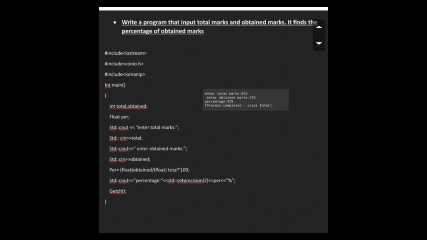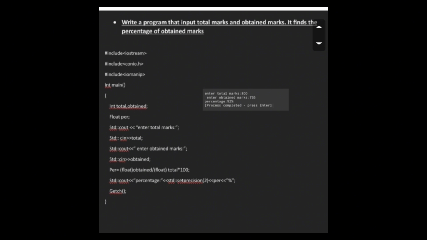Then I used cout because I have to output the total marks, and for that I have to cin, which means input the total marks. Then I used cout again for the obtained marks, and then I input the obtained marks because obtained marks have to be displayed on the output. In the next one I use the formula for the percentage.